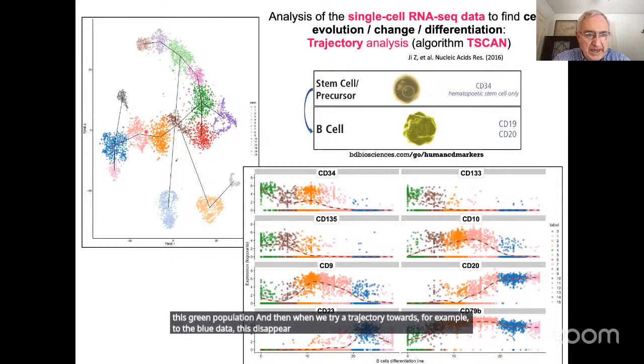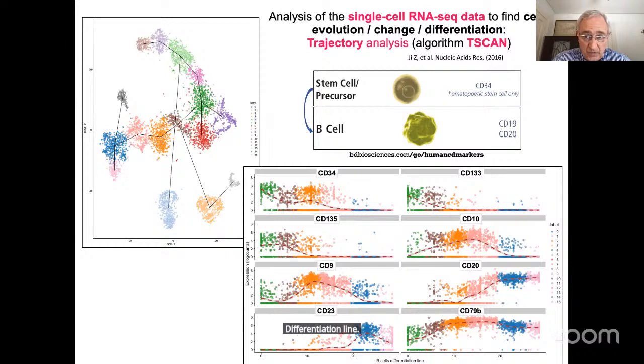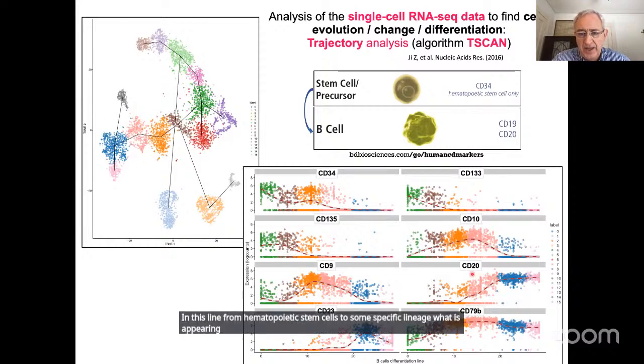Why? Because this is a differentiation line. We will see what is appearing here in this line from hematopoietic stem cells to some specific lineage. What is appearing, as you can see, is CD20, or CD19 as well.